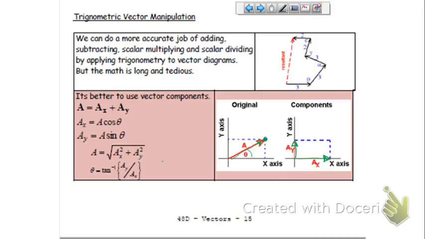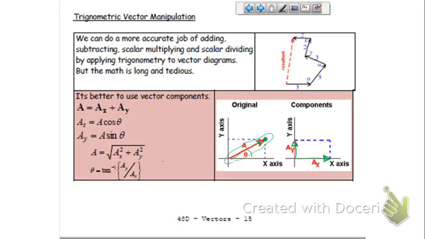I go 600 miles due east, and then I go 900 miles due north. I get there in the end. I use more fuel, it takes longer, but hey, it's a lot easier for me. I just go east-west, and then north-south. It's a piece of cake. It's the same effect. Might not be as efficient, but it's the same effect. And that's what we're doing. Rather than doing the direct route, let's do the two component routes.